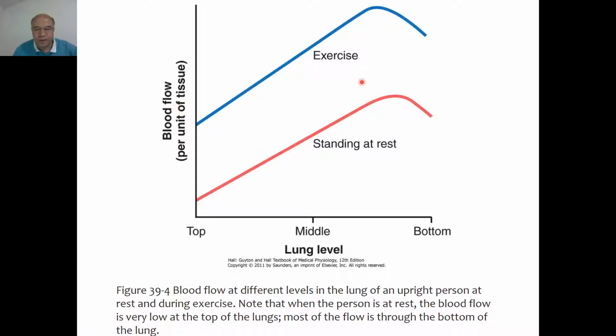It is very high in every part of the lungs: the apex, the middle part, and the bottom parts. During exercise, every part of the lung will have zone 3 blood flow, okay?